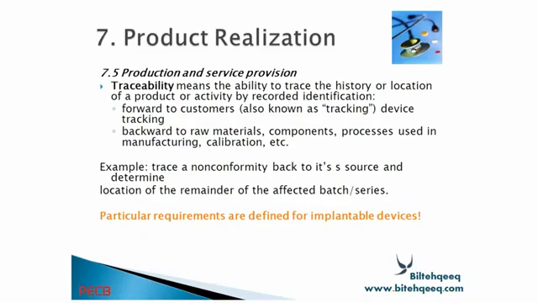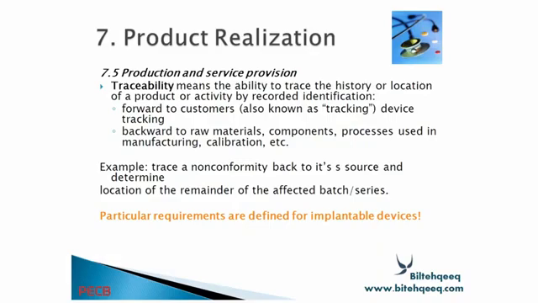Traceability means the ability to trace the history or location of a product or activity by recorded identification: forward to the customer, also known as tracking or device tracking, and backward to raw materials, components, processes used in manufacturing, calibration, etc. Example: trace a nonconforming product back to its source and determine the location of the remainder of the affected batches.